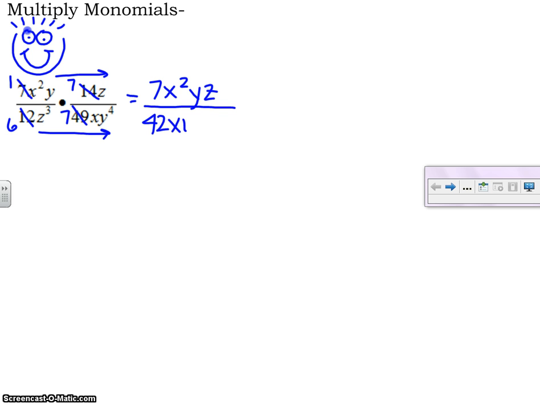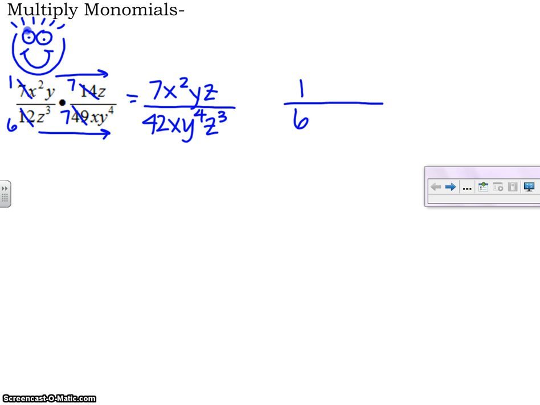So on our numerator we have 7x squared yz, and on the denominator we have 42x y to the fourth, z to the third. Then we look at 7 over 42. We can reduce that to 1/6.